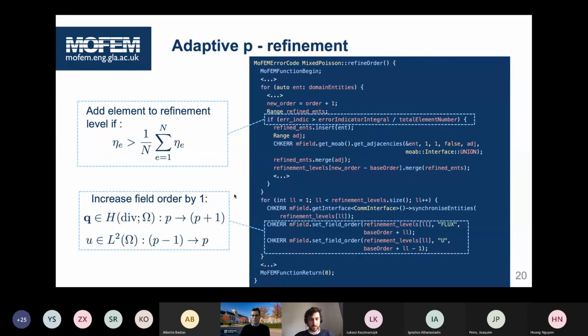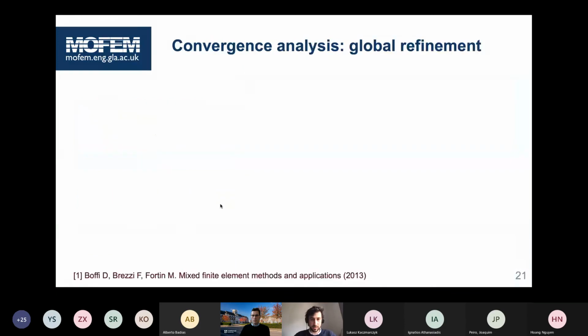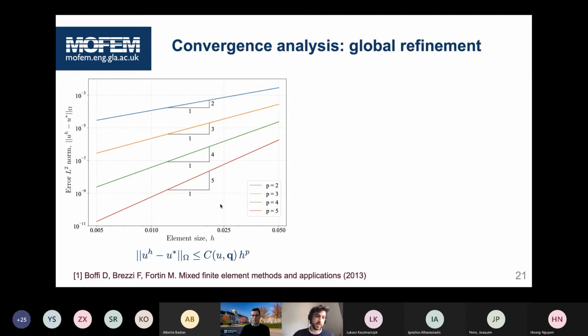And with this, we could start to do some convergence analysis, considering first the global refinement. So at this step, we do not do any P refinement iterations. And we can check how, in this case, the error is decreasing with the decreasing element size for different polynomial orders.